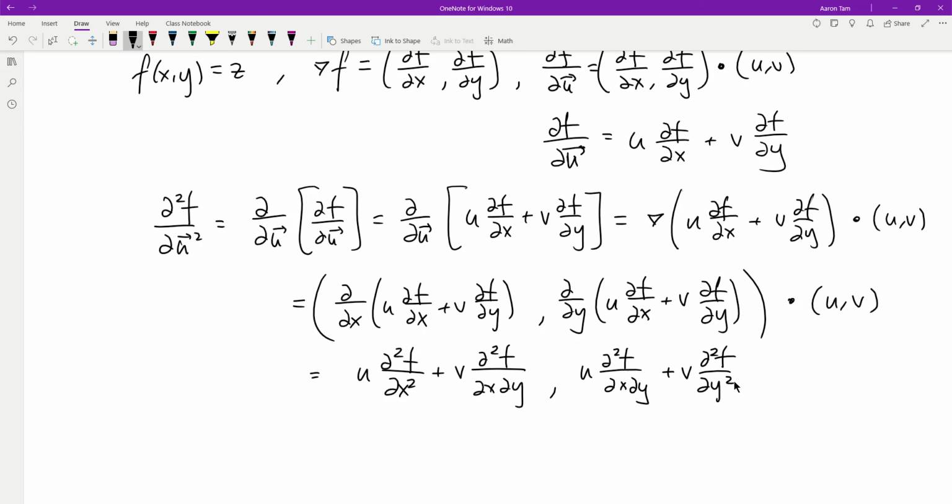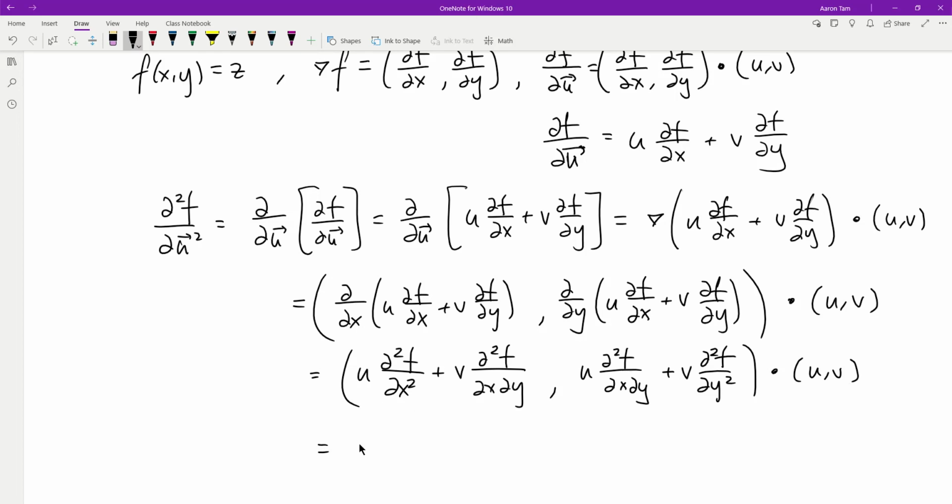If you think about it literally, you just put the d with the d in front of the f, that becomes d squared, and you have dx and dx on the bottom, so it becomes dx squared. Same thing for the second term: put a d in front of the df, therefore it becomes d squared f, and you have a dx and dy, so it becomes dx dy. And then dot product with (u, v).